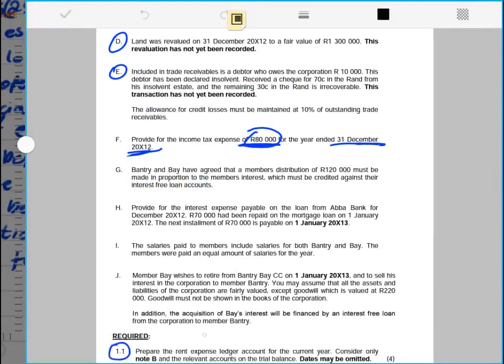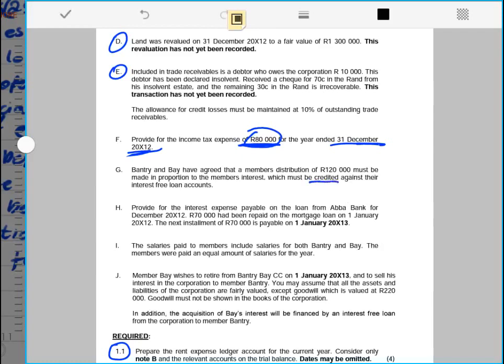Number G says that Bentley and Bay have agreed that a member's distribution of 120,000 rands must be made in proportion to the members' interest, which must be credited against their interest-free loan.